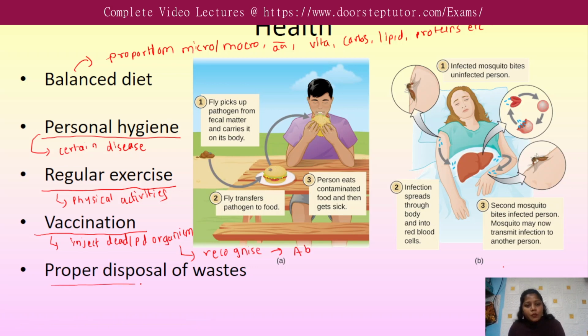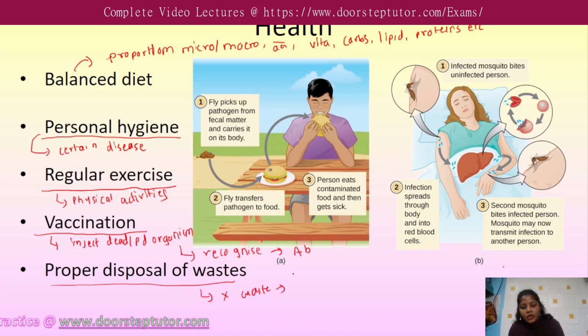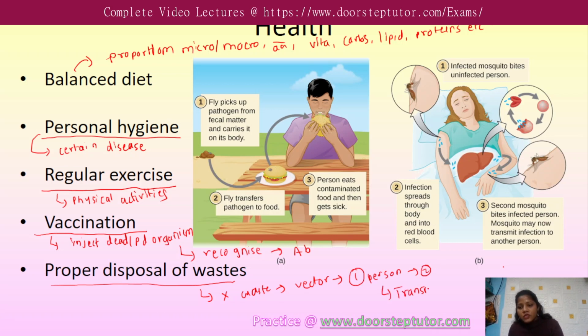Then the proper disposal of waste. This is very crucial because if we do not dispose of waste properly, then it will invite vectors to spread diseases from one person to another. This is known as transmission of disease.